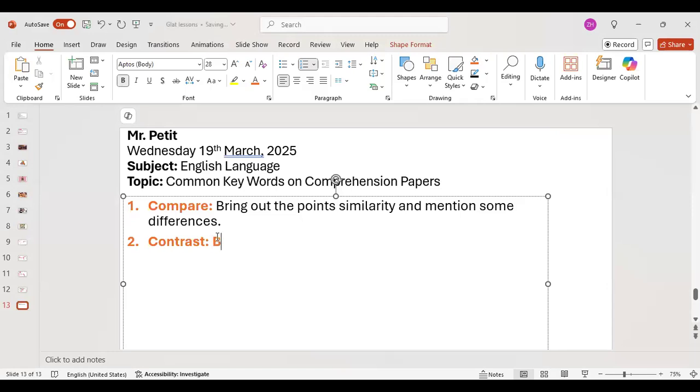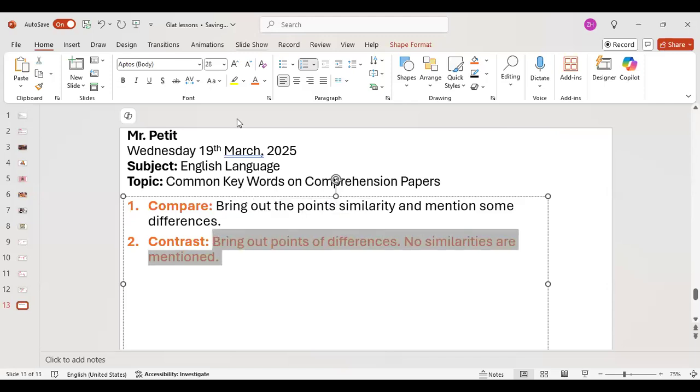Very good. So we bring out points of differences. Do we mention similarities when we're contrasting? No, sir. No similarities are mentioned. That's the thing. If they say compare, you could mention some differences.